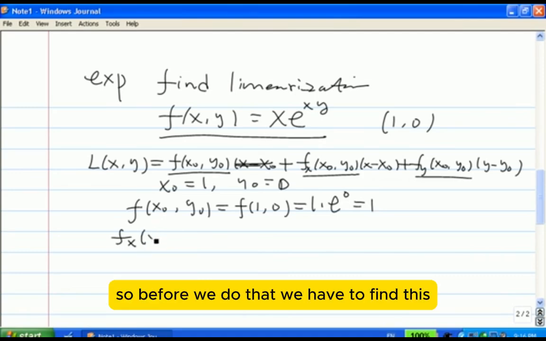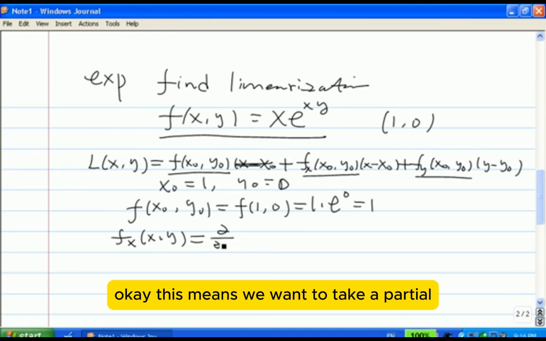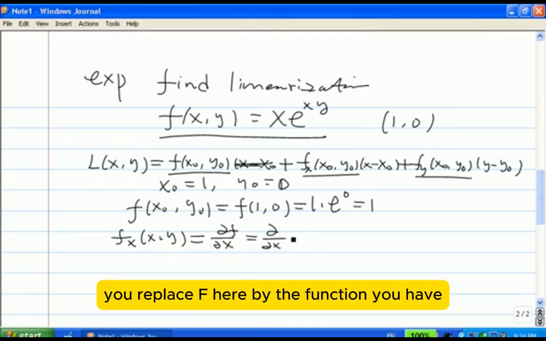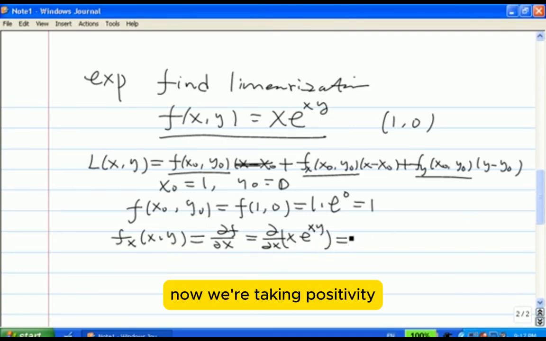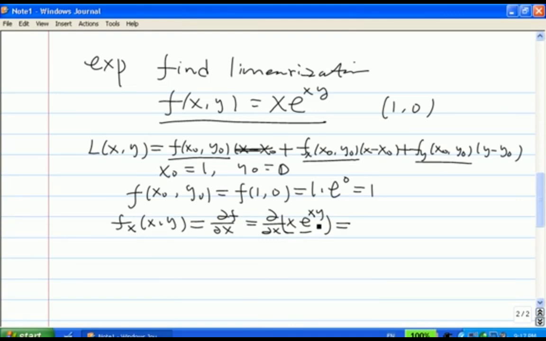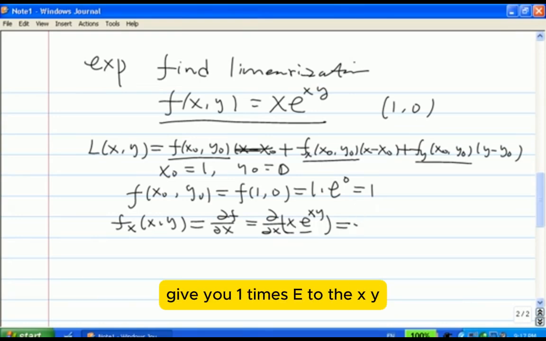So before we do that, we have to find fx. Okay, this means we want to take a partial derivative with respect to x on f, right? Now you replace f here by the function you have. Okay, now we're taking partial derivative, so you treat y as a constant. Now, we have two functions, so we have to use the product rule. Take derivative of the first one, fix the second one, gives you 1 times e to the xy.